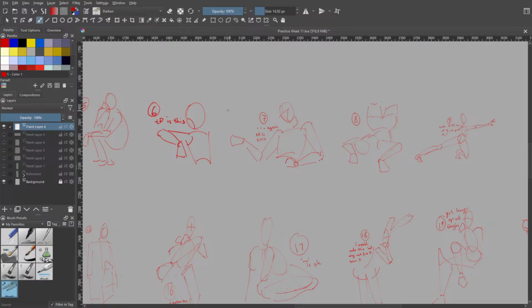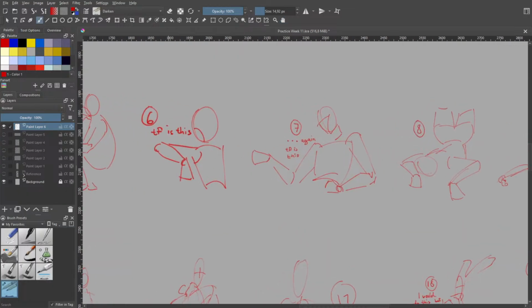Although these two, number 6 and number 7 here, are very similar, and to be fair, 6 and 7, wait, I just noticed. Number 6 and number 7 both seem as though they are sitting poses, right? Which is true for number 6. This is actually supposed to be a sitting pose, going something like this.